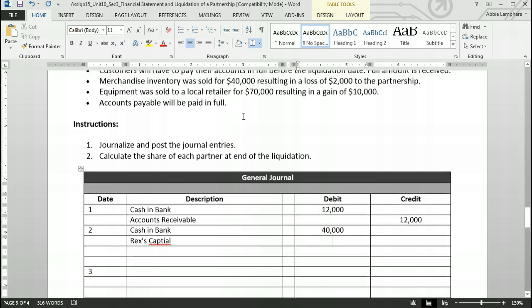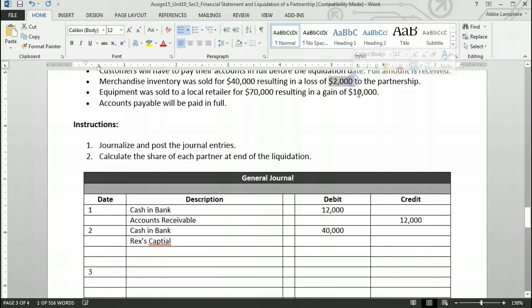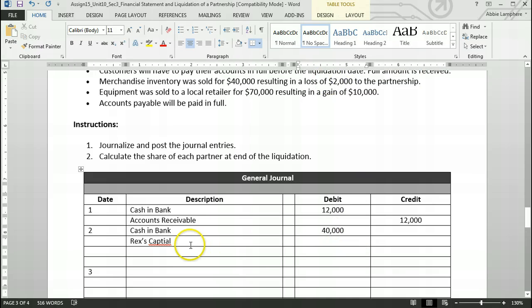We said, let's see, sorry, I keep forgetting what we said. $2,000 loss, and we said we're dividing this loss evenly between our partners. So that's going to be $1,000 coming out of Rex's capital and $1,000 coming out of Jax's capital. And then that closes out our merchandise inventory. We had a book value of $42,000.